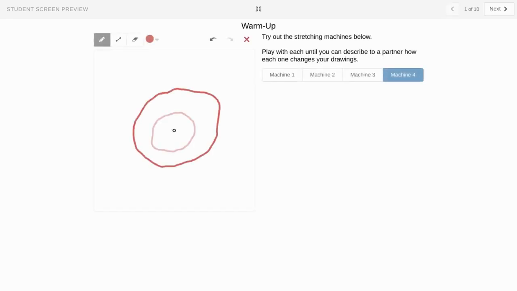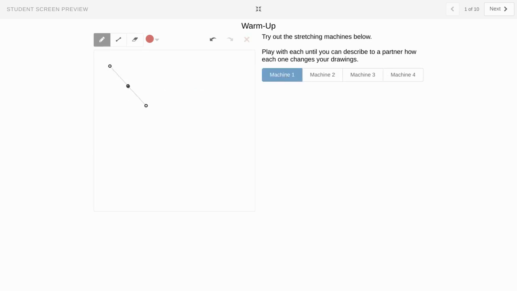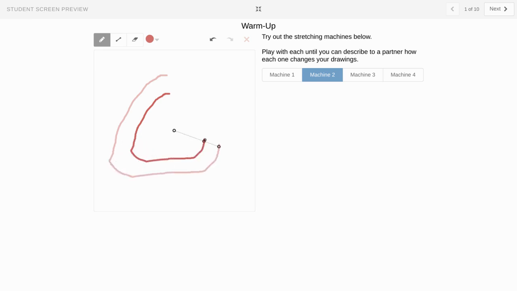Well, actually, let's describe these first. All right, so machine 1, I'm noticing that this middle dot here that I'm on is half the distance to the dot that's not moving and the furthest dot. It's right in between. Second machine here, that's not exactly in the middle. It's a little bit further.